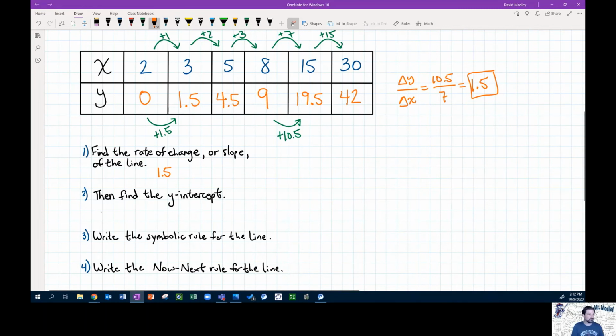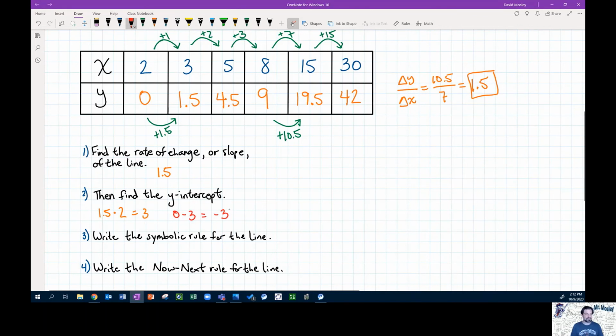All right, so let's look at this. 1.5 times 2 is going to be 3. Then I need to subtract 3 from 0. 0 minus 3 is negative 3.